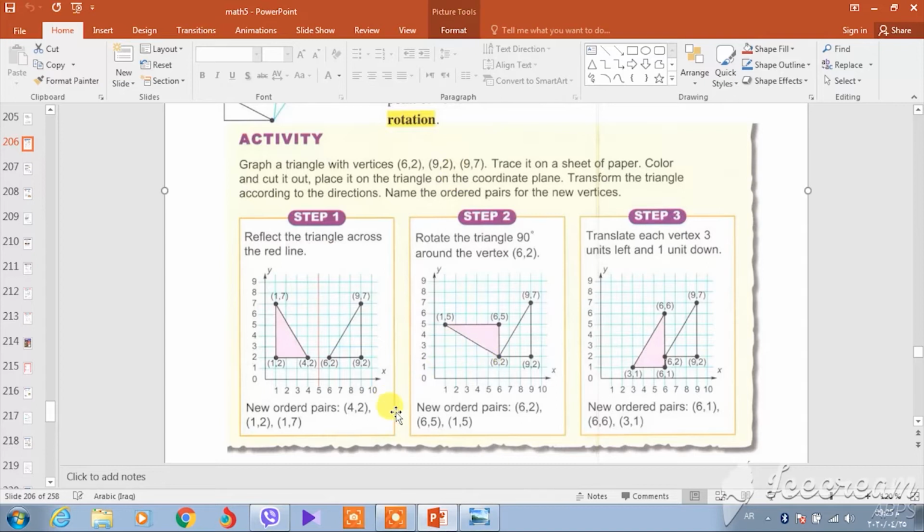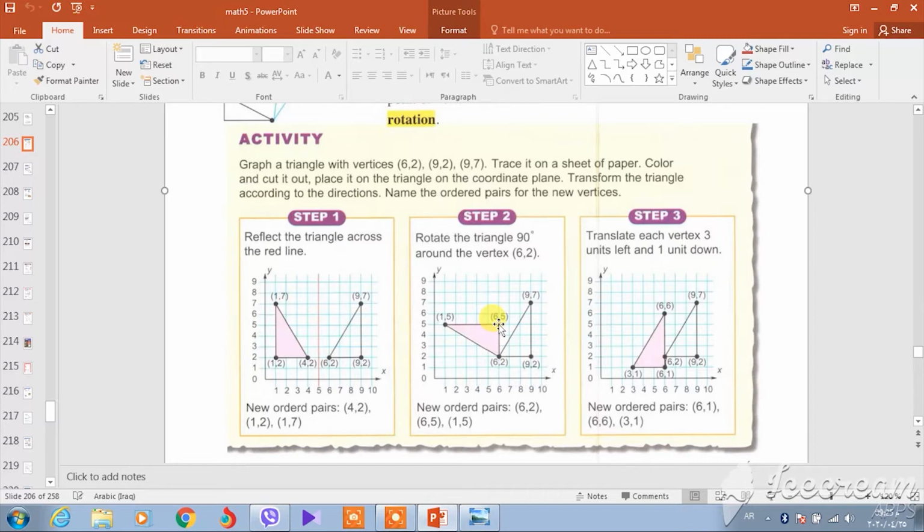I give you new ordered pairs also. We have an original triangle. For this original triangle, identify the new ordered pairs: (6, 2), (6, 5), (1, 5). For (6, 2), in the x-axis we have 6, in the y-axis we have 2. For (6, 5), in the x-axis we have 6, in the y-axis we have 5: 1, 2, 3, 4, 5.